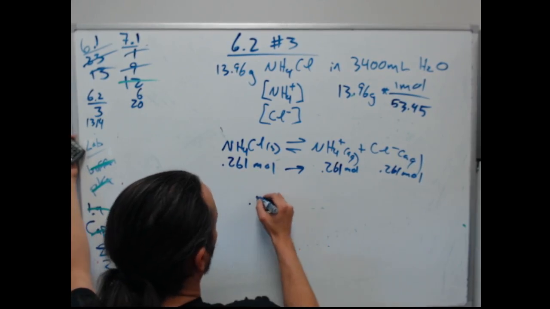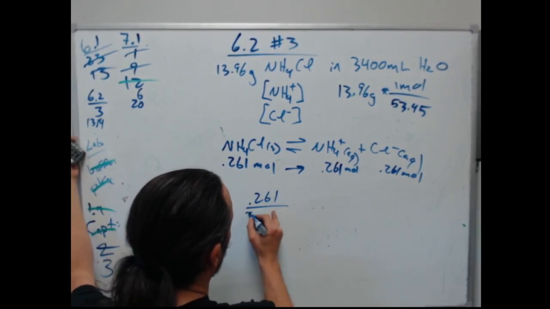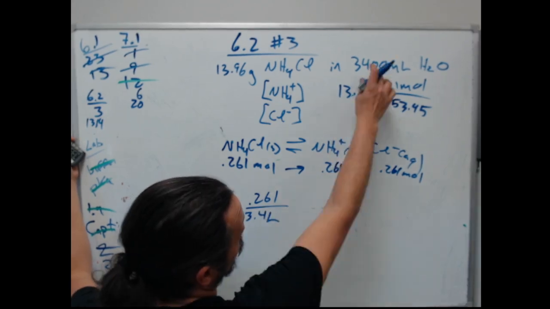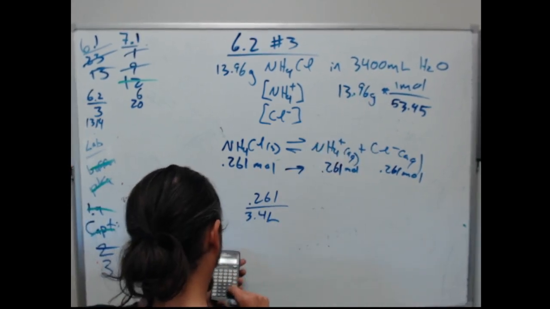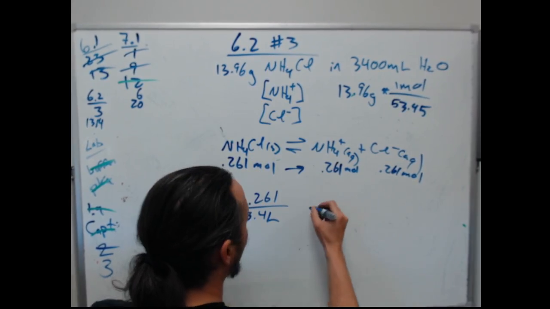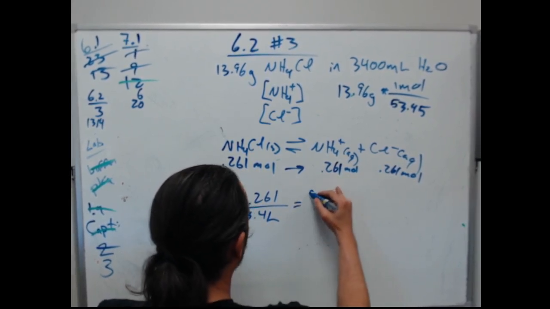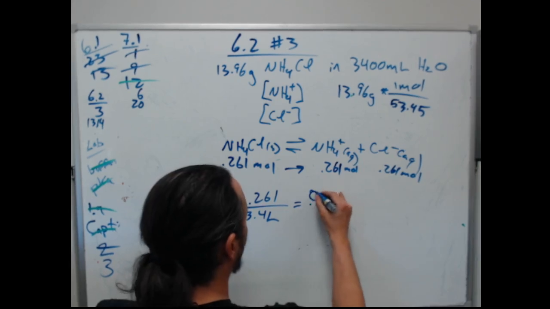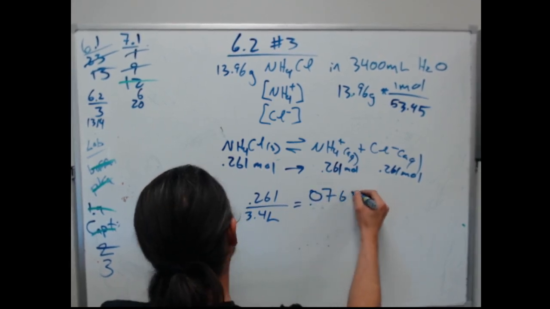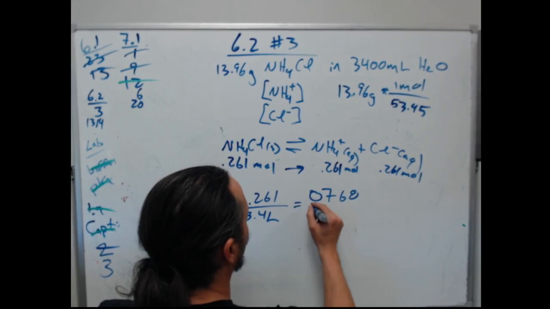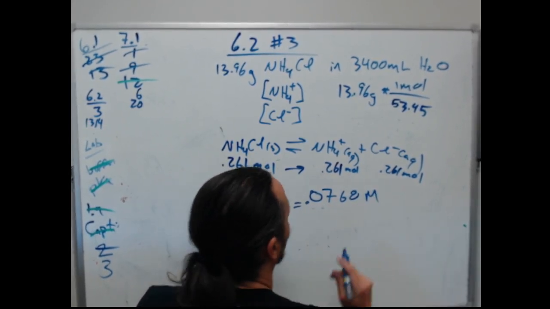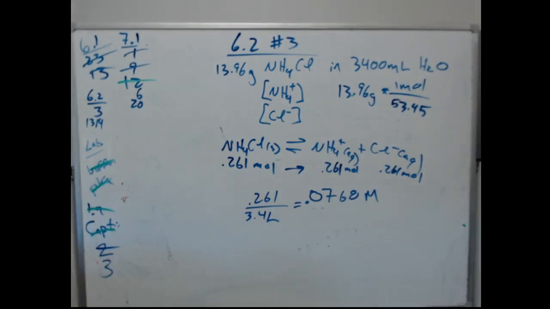So I'm going to do 0.261 divided by 3.4 liters. That's just me doing that conversion. And I'm going to get a concentration of 0.0768 molarity. So that's for the molar concentrations.